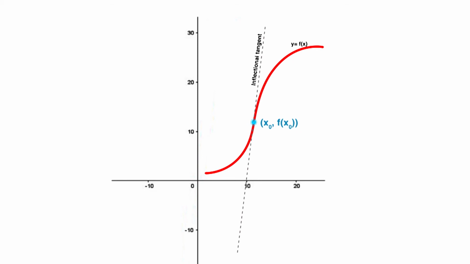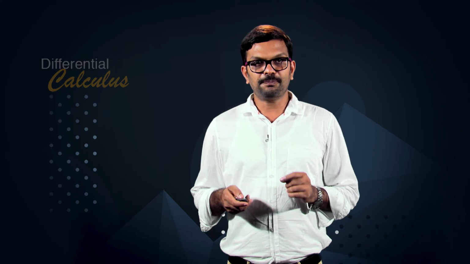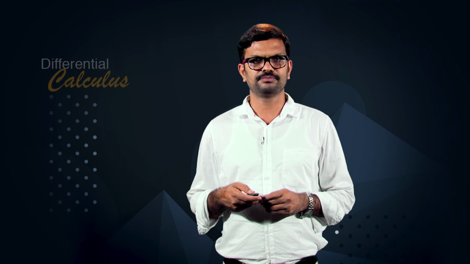As an example, the function f(x) = x³ + 2x + 1 has an inflection point at x₀ = 0, and the point (0, 1) on the graph is an inflection point of f.